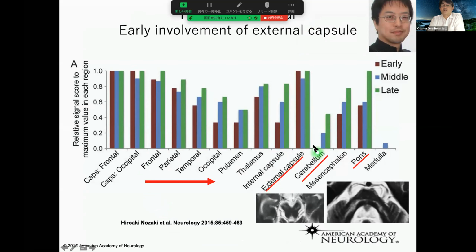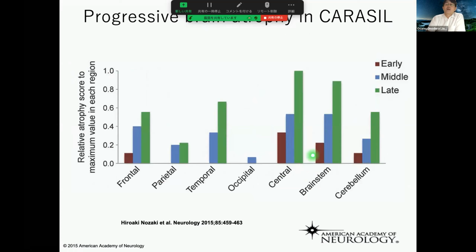But in the cerebellum, the high intensity is not observed in CARASIL patients. Also, the atrophy is progressive. The pattern of the atrophy is not so specific, but the central type of atrophy is progressive in the late stage.